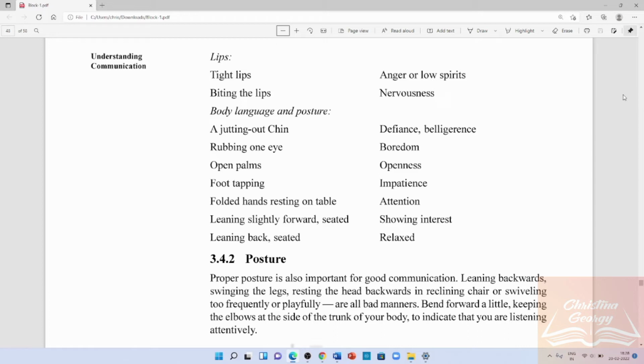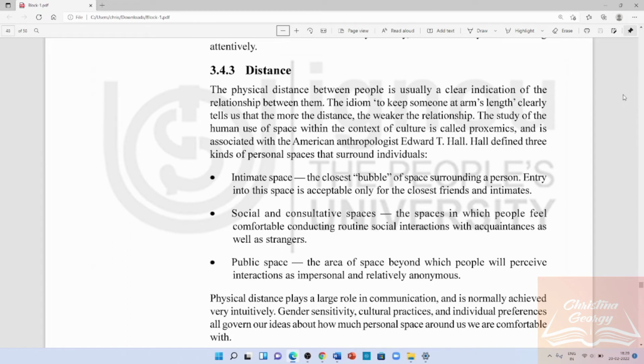Now let's move on to distance. The physical distance between people is usually a clear indication of the relationship between them. Do you know what the study of human use of space is called? It is called Proxemics. Proxemics is simply the study of the human use of space within the context of culture.